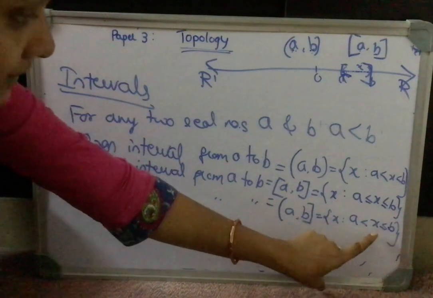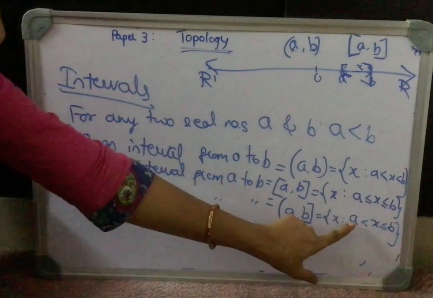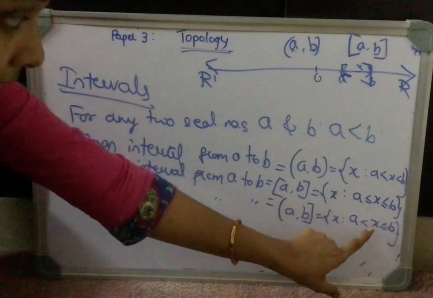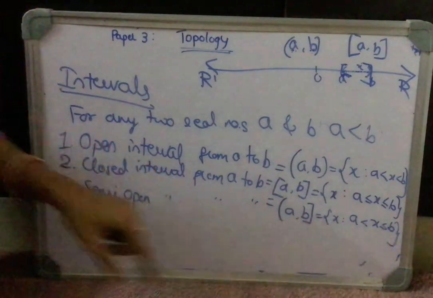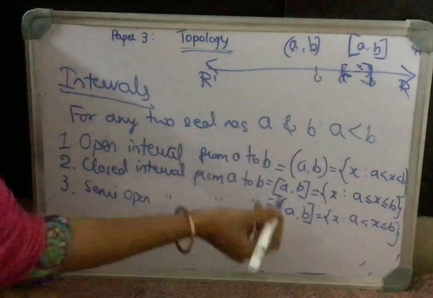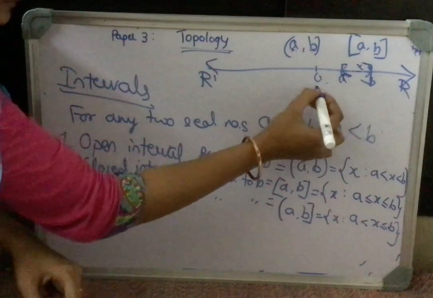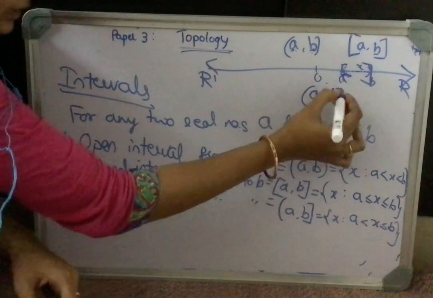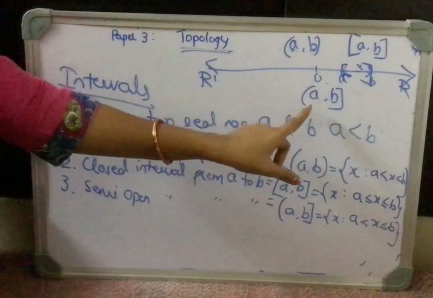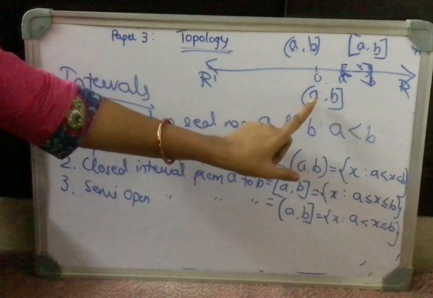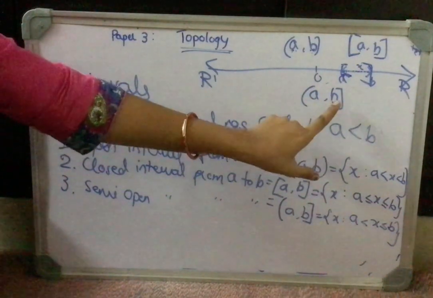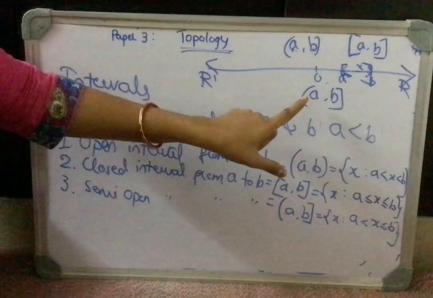So here x is greater than A, not equal to A, but x is less than or equal to B. So these are the real numbers in the interval, all the real numbers from A to B including B but excluding A.